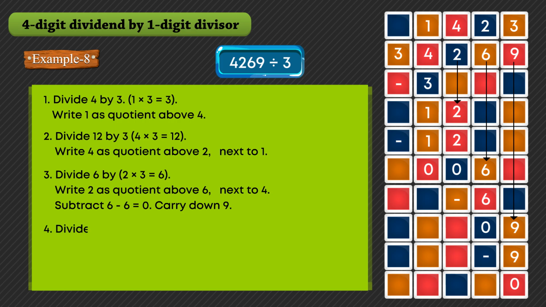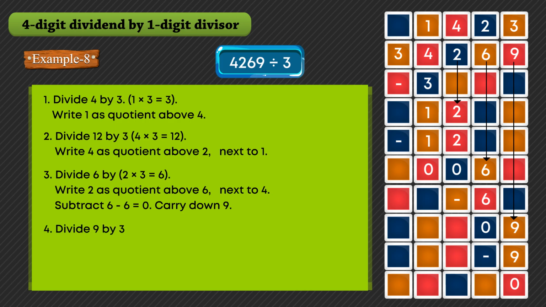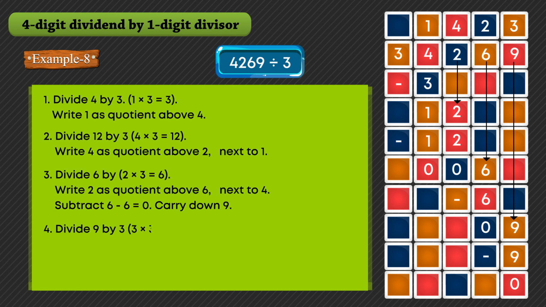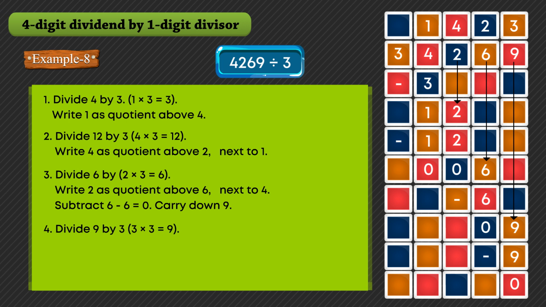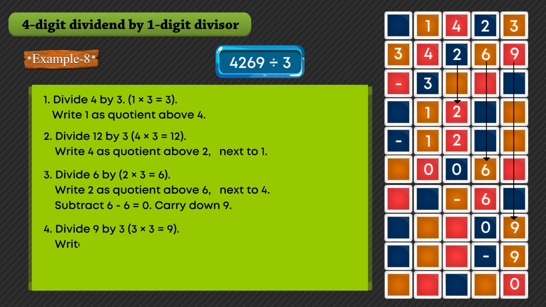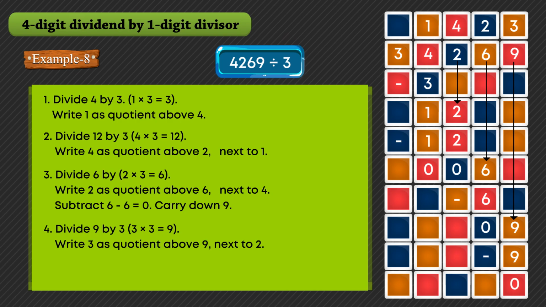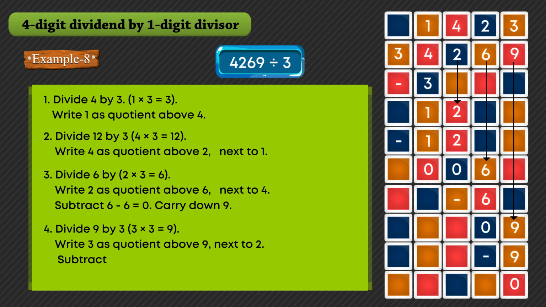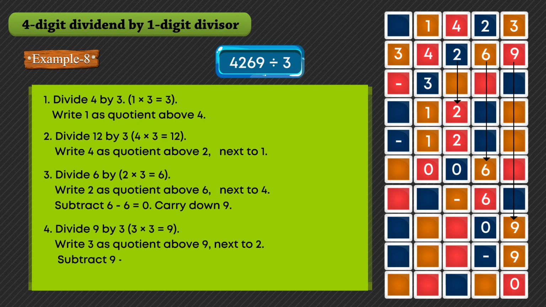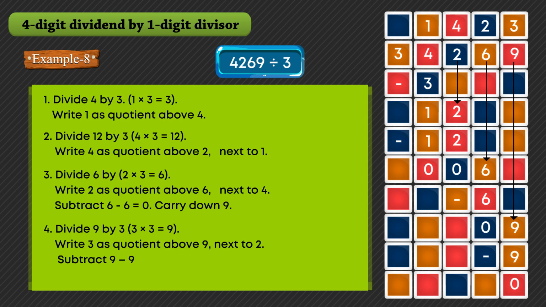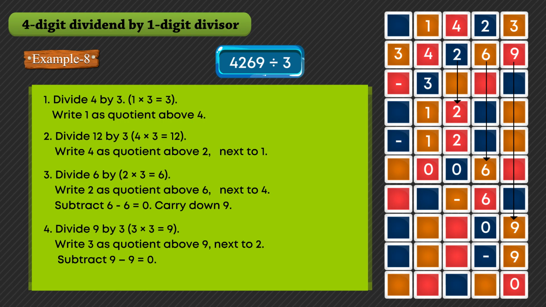4. Divide 9 by 3. 3 into 3 is equal to 9. Write 3 as quotient above 9 next to 2. Subtract 9 minus 9 is equal to 0.